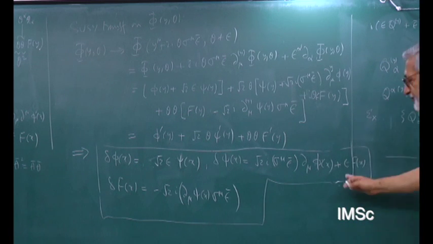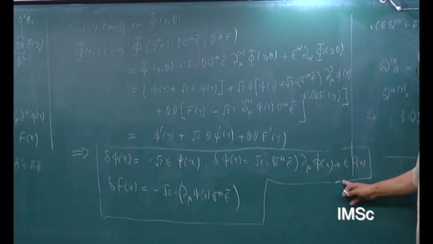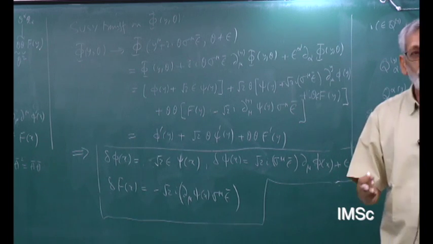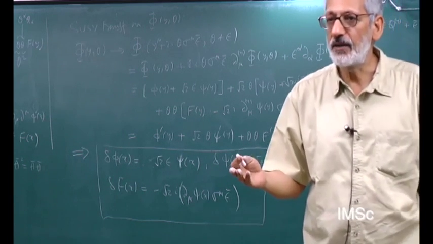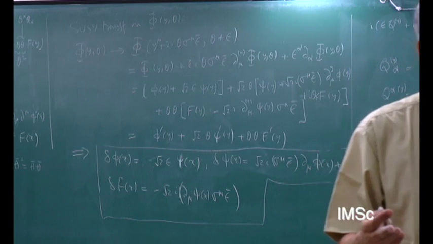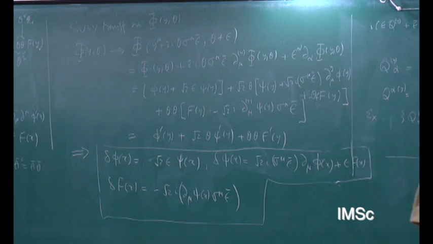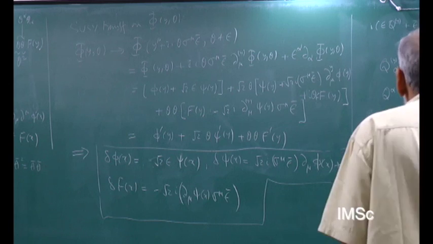Now what's this? This is exactly the supersymmetric transformations that we had found earlier for the chiral supermultiplet, the scalar supermultiplet.